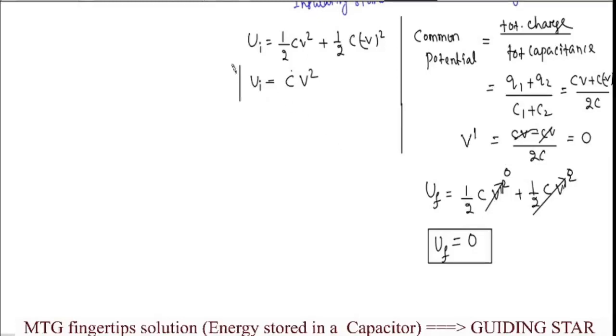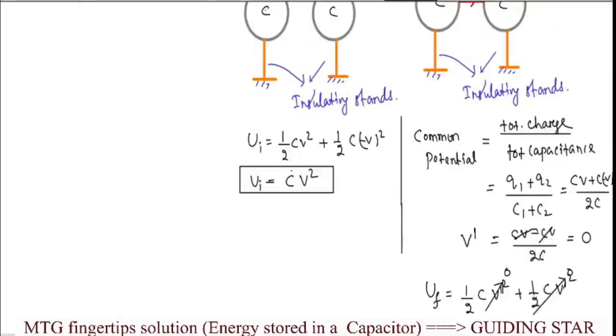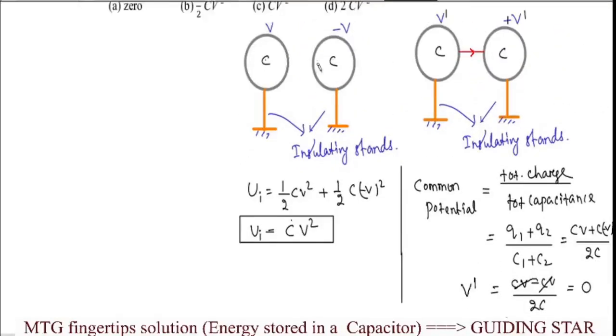0, and initial energy stored across the connected system is, or initial energy present in the disconnected system, or you can say which are not connected. This is the initial energy of the system.